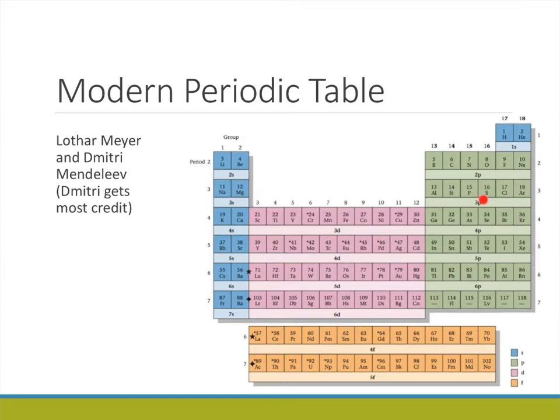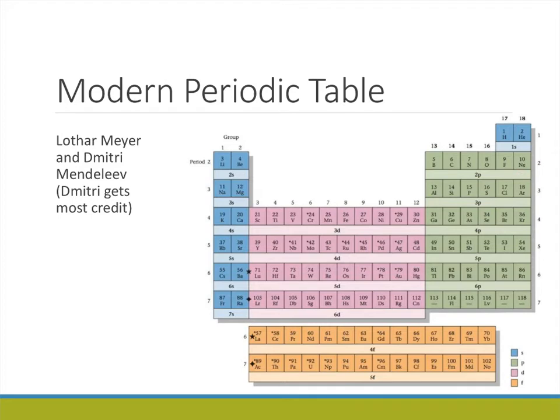So the fact that sulfur forms a 2- ion, the fact that chloride forms a 1- ion, the fact that potassium forms a +1 ion, the fact that calcium forms a +2 ion, all stems from trying to reach the noble gas electron configuration. That's a stable electron configuration.